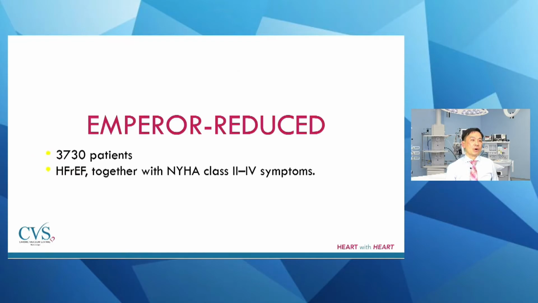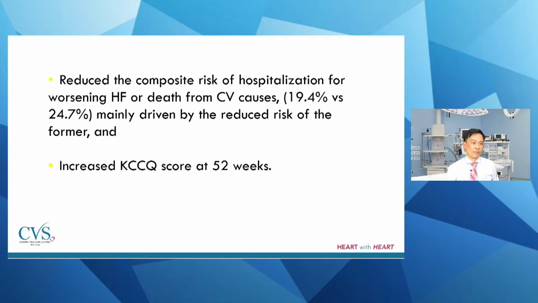So then they moved on to the EMPEROR-reduced trial, which is about 4,000 patients, which looked at patients with heart failure with reduced ejection fraction below 40% and with NYHA functional class 2 to 4.